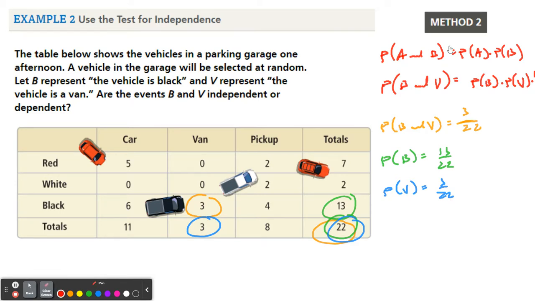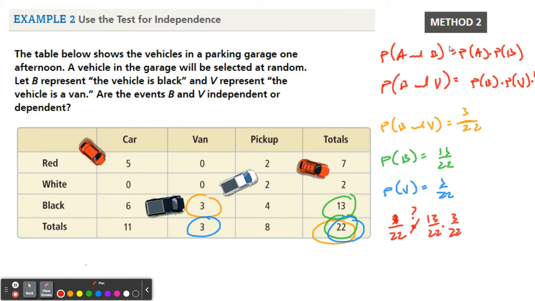Okay, so now we're going to put this in the formula. Does 3 out of 22 equal 13 out of 22 times 3 out of 22? Well, obviously, because this is 3 out of 22 and this is 3 out of 22, having the 13 out of 22 there, they're not going to be equal.